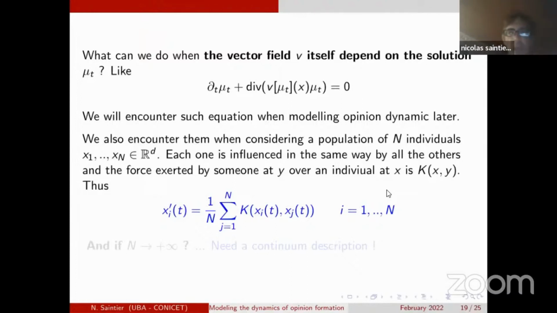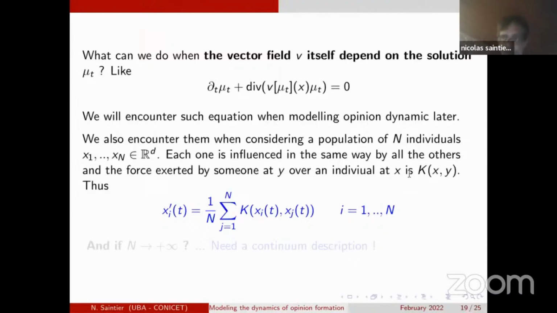Okay, imagine you have a big bunch of individuals. And each individual is in some way characterized by some parameter. X1 for the first individual, X2 for the second one, and so on. And these parameters will change in time under the influence of the rest of the population. I will assume that every individual feels the rest of the population more or less in the same way, in a mean way.